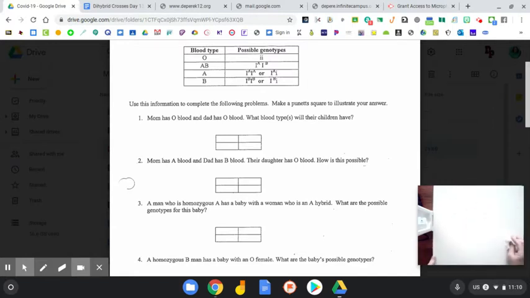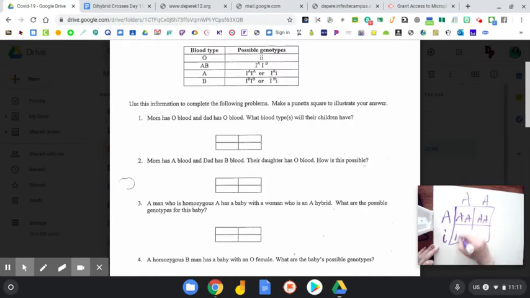If we just keep going down on the page, a man is homozygous for type A blood, has a baby with a woman who is A hybrid. Hybrid means heterozygous. What are the possible genotypes for the baby? So if dad is homozygous for type A, the only possibility he could have is big A, big A. And if the woman is A hybrid, which is heterozygous, she's A little i.